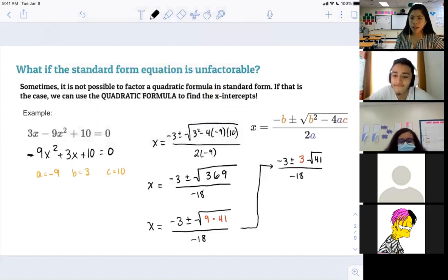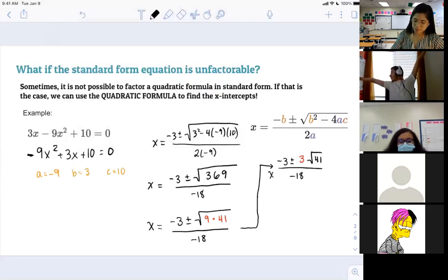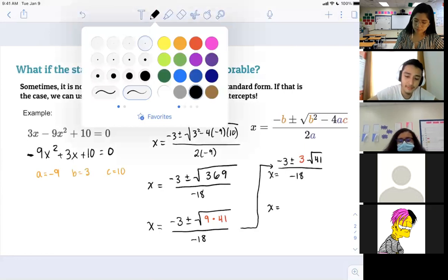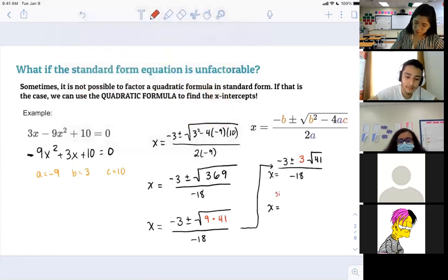Okay. Now one last step, because notice I have a negative 3 and another 3 and then an 18. Can I divide all of that by anything to simplify? If we do negative 3, wouldn't that stay as 1? Yeah. So we can simplify by 3, or negative 3, like you said.